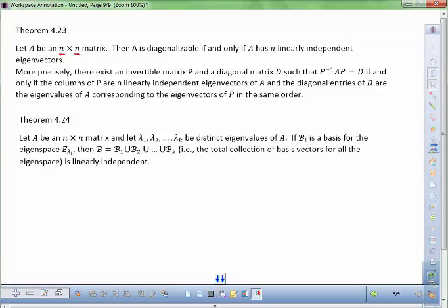I don't know if we came up with an example of an eigenspace that's two-dimensional. I wish I could come up with one real quick off the top of my head, but I don't think I can.